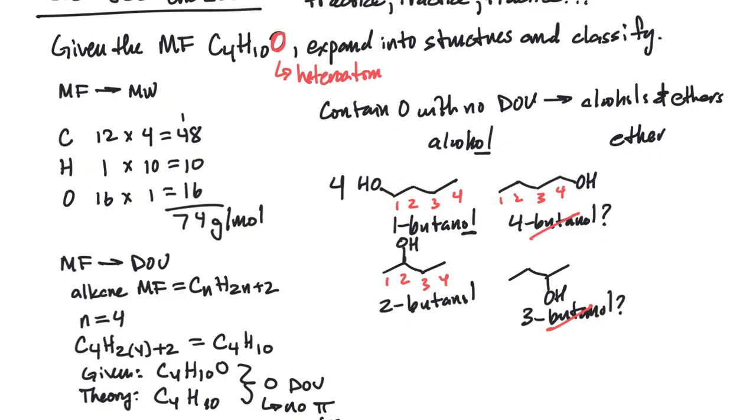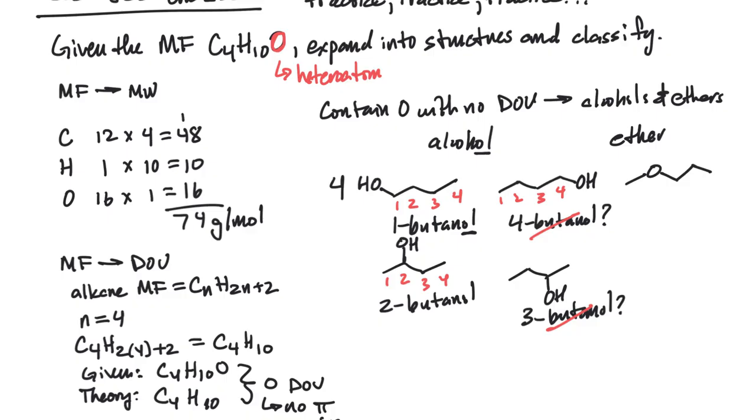Now, what about ethers? An ether has a carbon, oxygen, carbon bonding pattern. So meaning that when we draw our linear isomers here, we got to start with carbon, and then we can put an oxygen. So we have 1 carbon, then an oxygen, meaning we have 2, 3, 4 carbons. And so that's the bonding pattern for an ether, where you have carbon, oxygen, carbon.